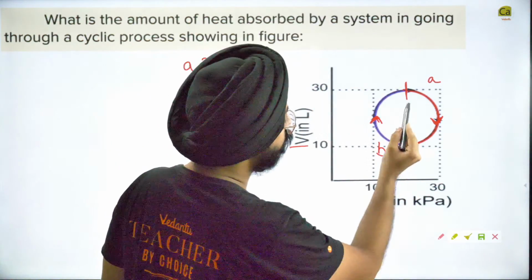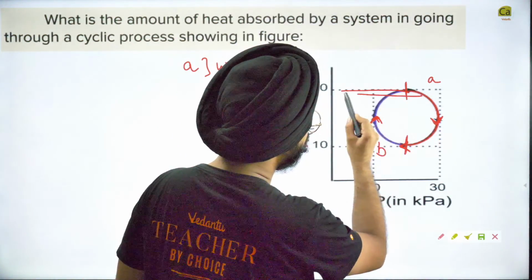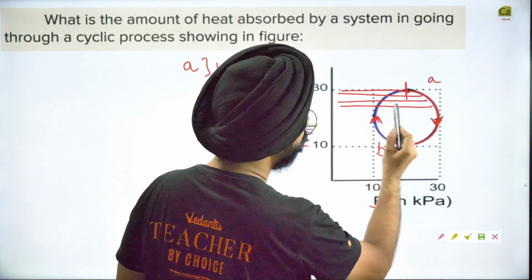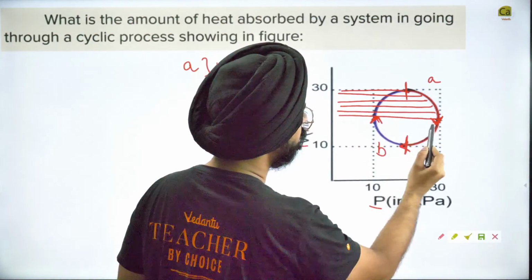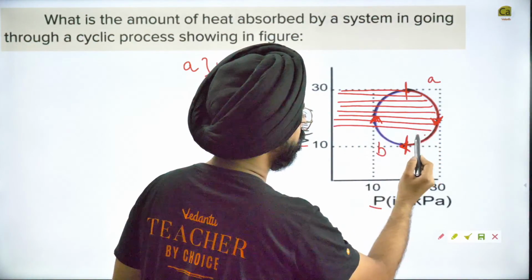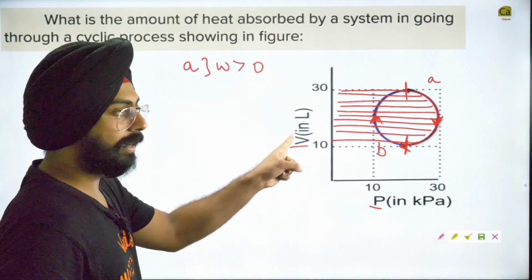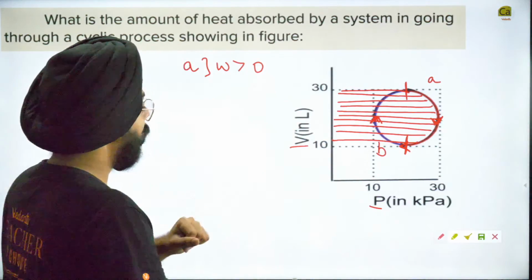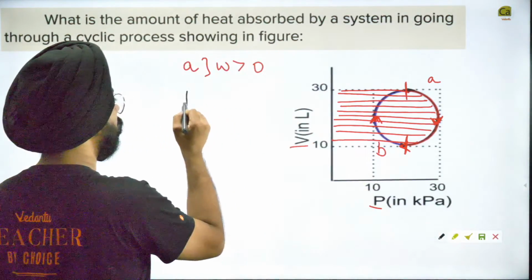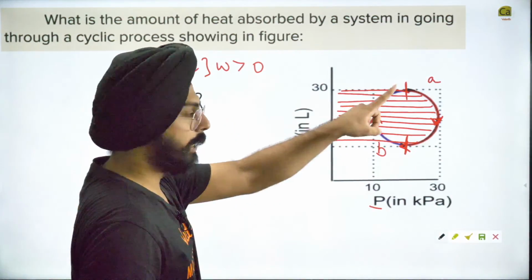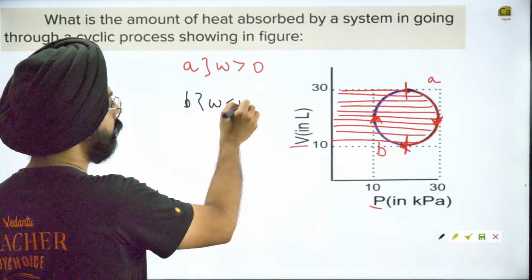What will be the magnitude of work done? This entire area. This entire area is the work done in process A. The PV graph is reversed here. Now, my dear friends, in step B, your work done is less than 0.